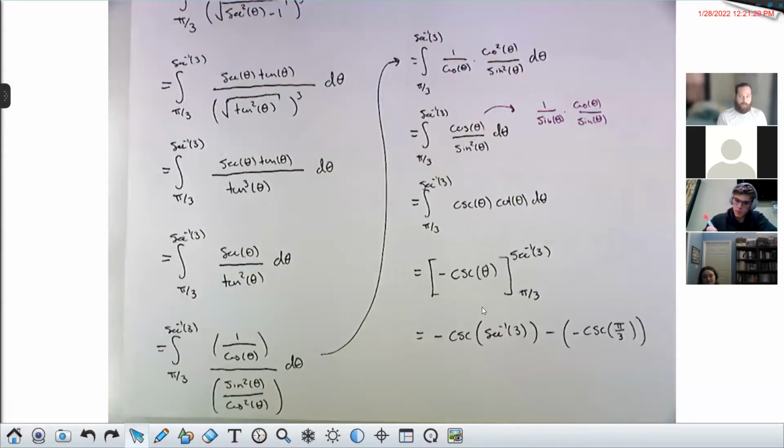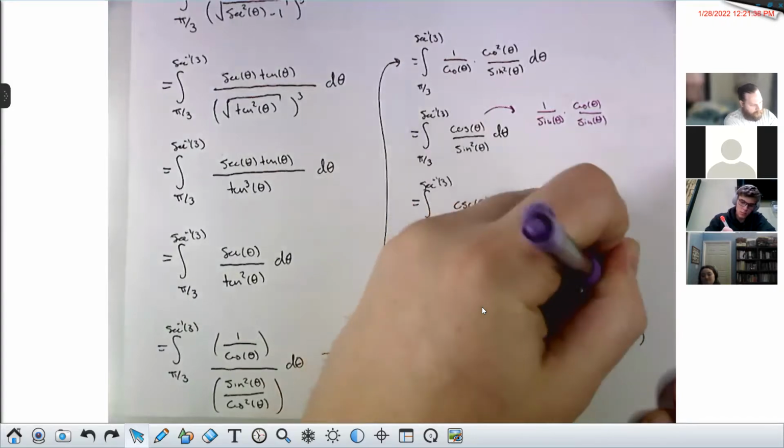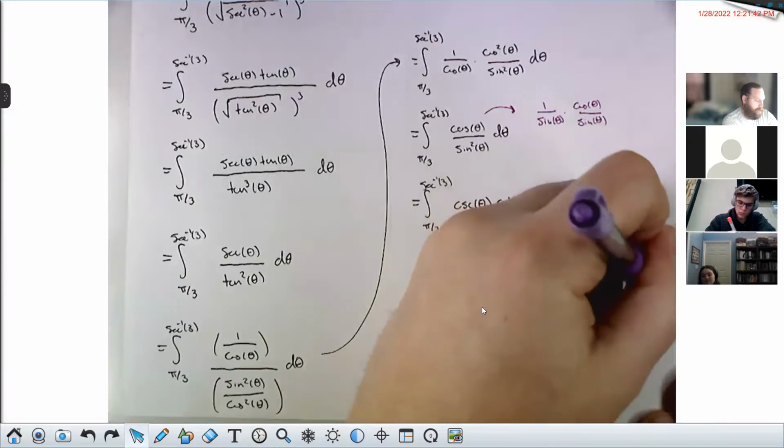Cosecant is the reciprocal of sine. The sine of pi over 3 is root 3 over 2. So this is 2 over the square root of 3 from the unit circle.